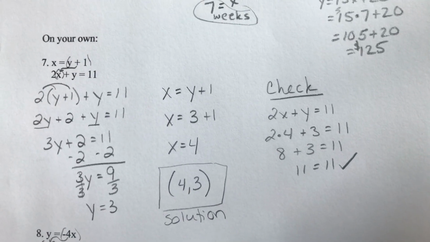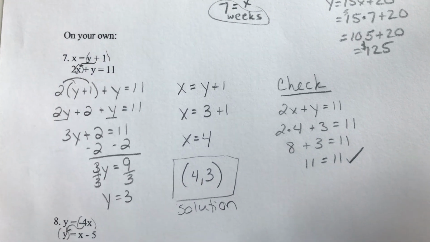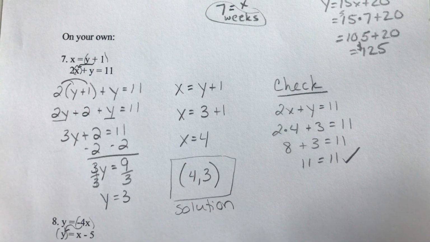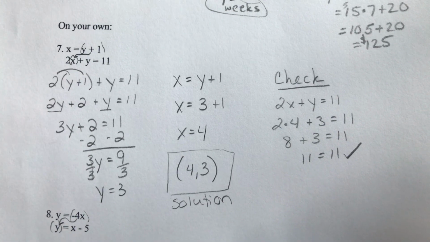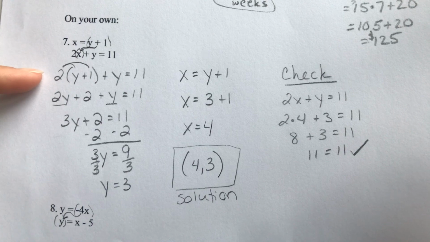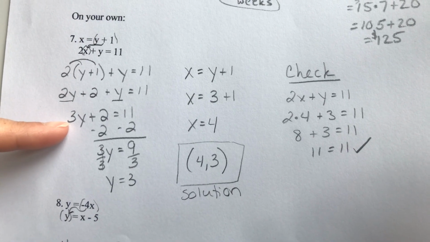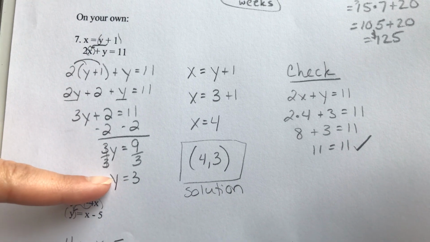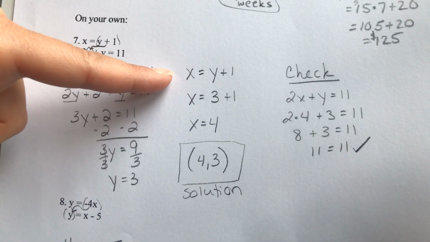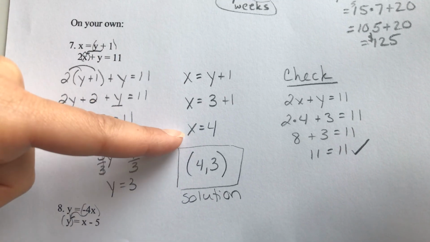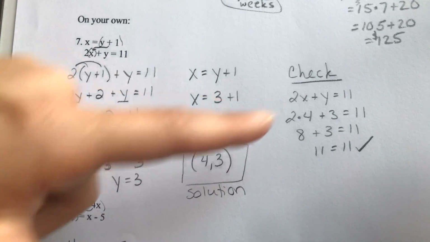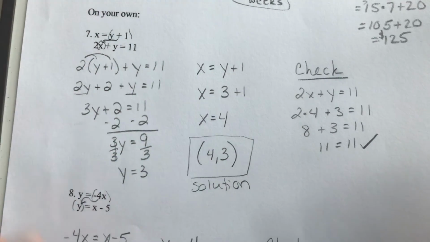Here's 7. My solution is (4, 3). Got my substitution. Step 2, I solved to find y equals 3. I plug in 3 and found x equals 4. Here's my answer. Here's my check.